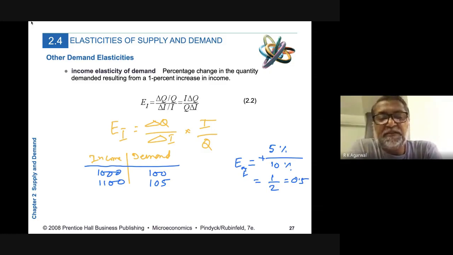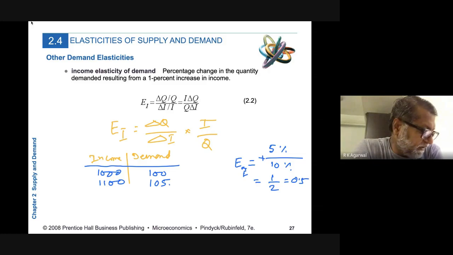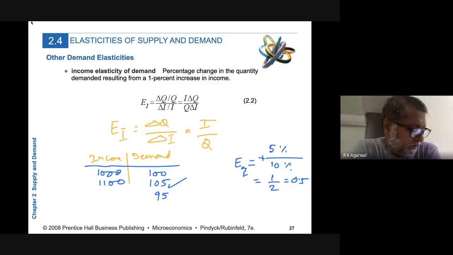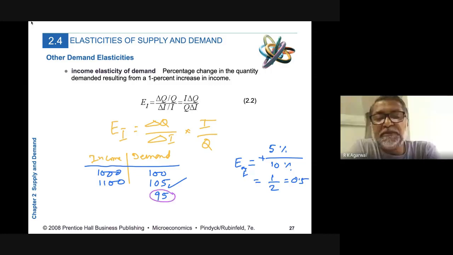So in that case, your demand, instead of increasing to 105, may actually fall to 95. Why will it fall? Because earlier when your income was less, you were using public transport. But now your income has gone up, so you have bought your motorcycle or your car, and therefore you are using your own vehicle to go from one place to another. That is why the demand for public transport may fall.